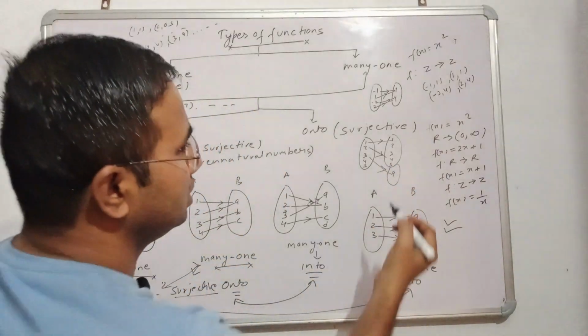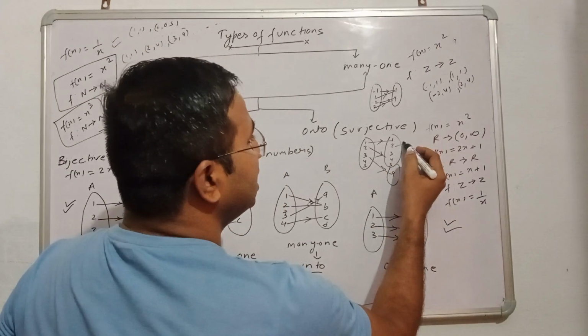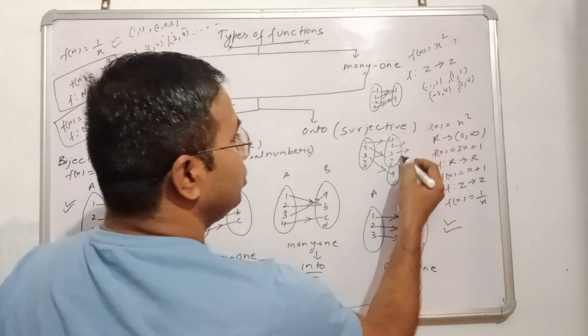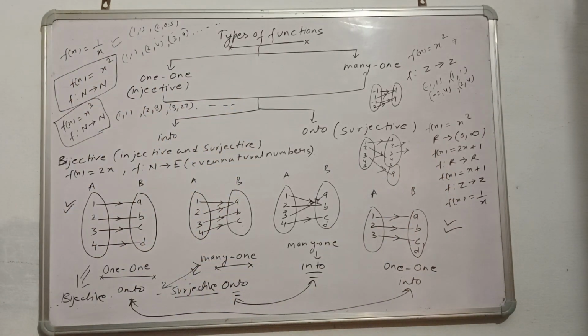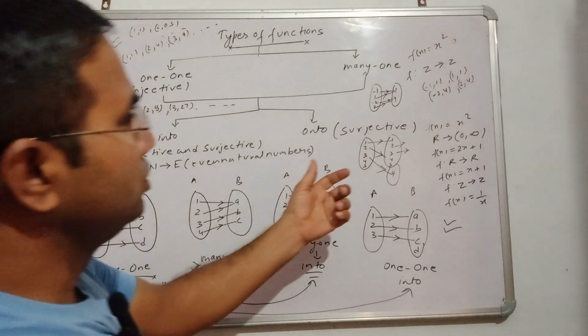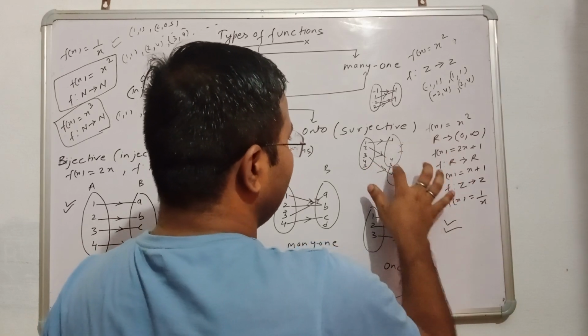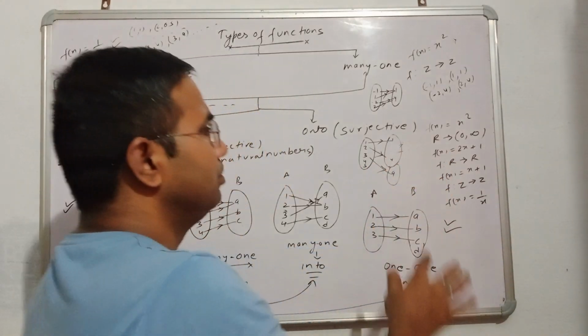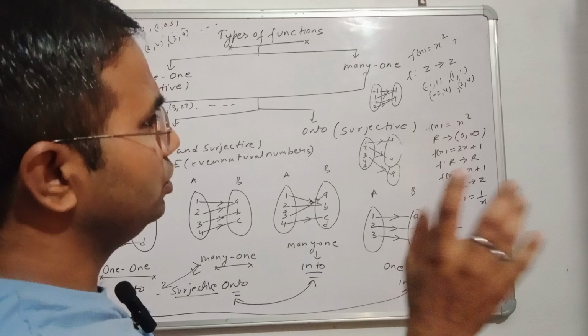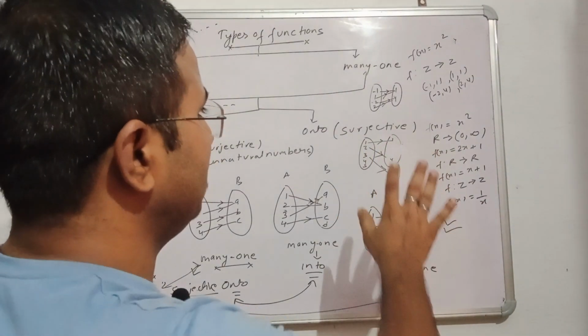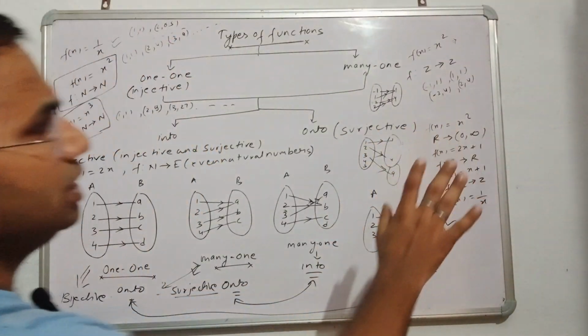So you see, here 2 or 3 elements get left, right? You can see it is into. So every element has a unique image, means on putting the value, you are not getting any repeat.